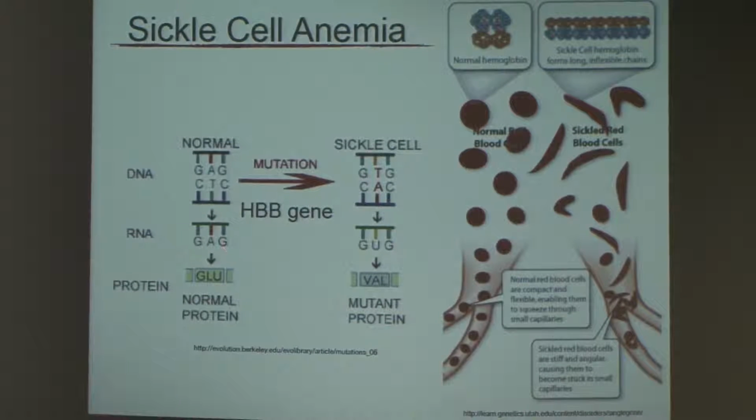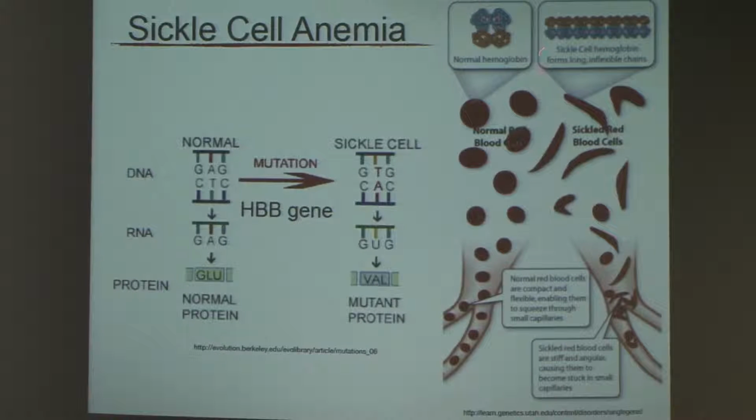This turns into a mutant protein, which will form long inflexible chains, the opposite of normal hemoglobin. These chains make the red blood cells stiff and angular, causing them to become stuck in small capillaries.